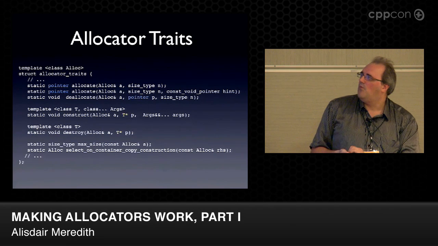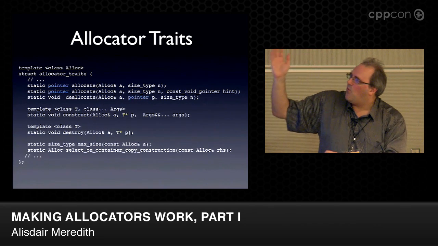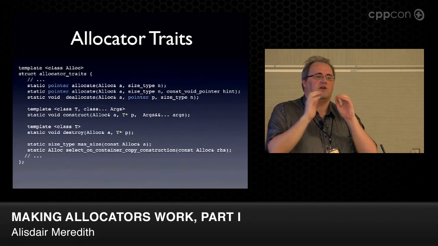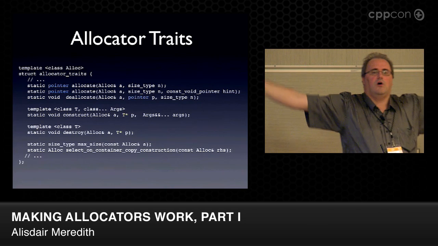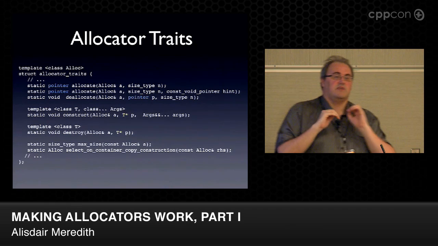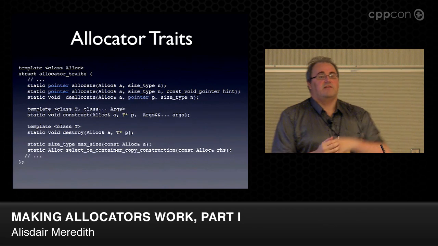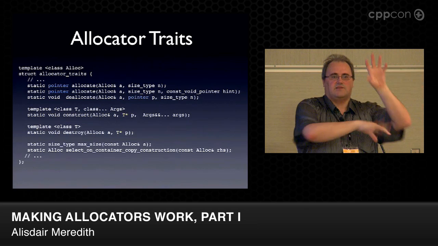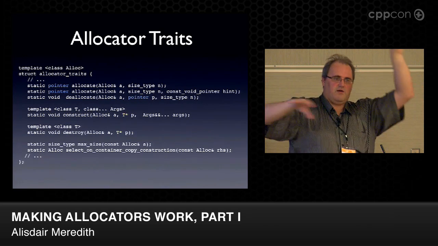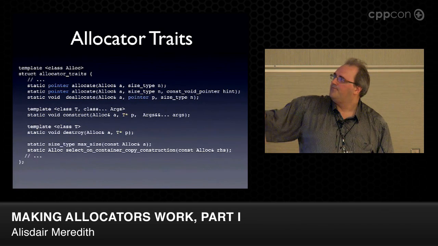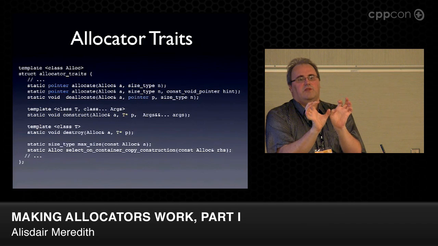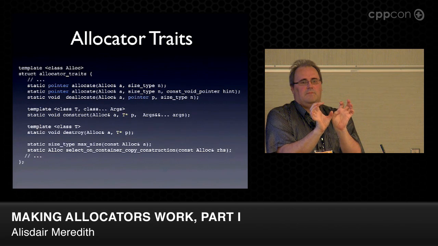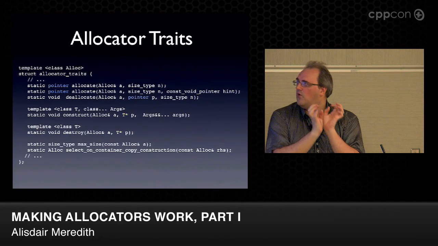One of the rules is when I call construct, I'm constructing the element that the user requested I construct. I'm not constructing the whole node. So if I'm using some kind of node-based containers, I need to allocate nodes and initialize my pointers tracking my trees or my lists. But I only call the allocator construct to construct the element stored in the node. So that's a subtle point that's worth calling out.